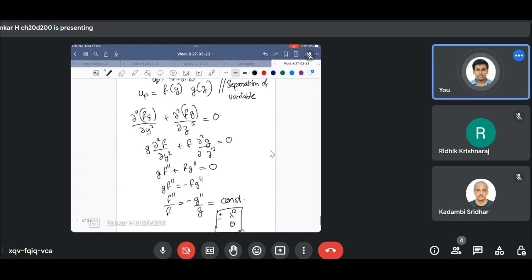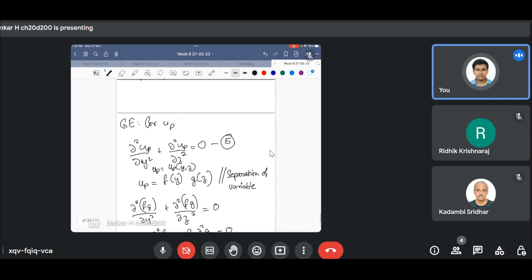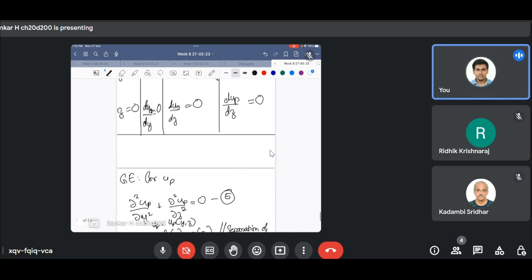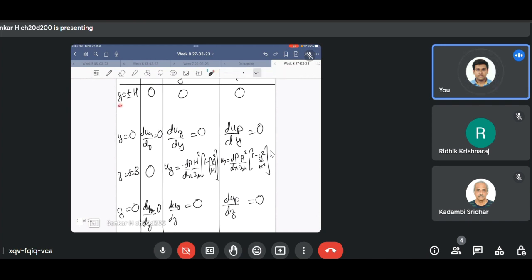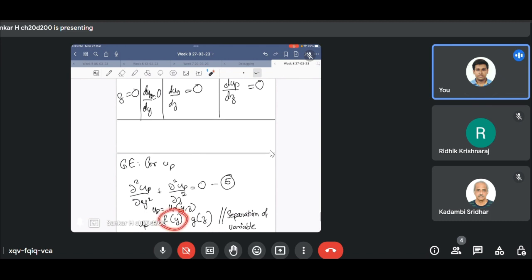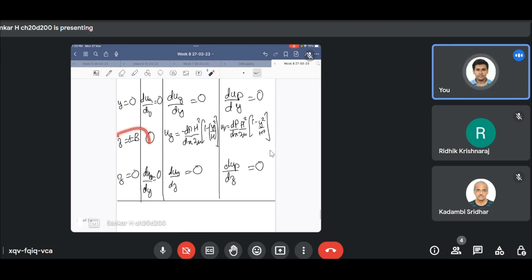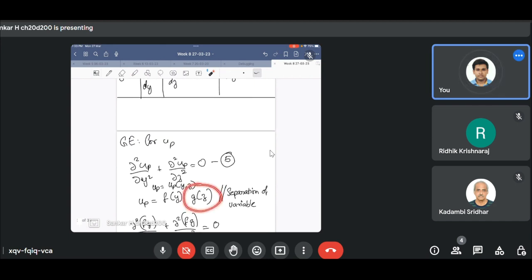Now we know that since we have split u as a function of y and z, f of y and g of z, whatever boundary conditions we have for y should hold true for f. Whatever boundary conditions we have for z should hold true for g.